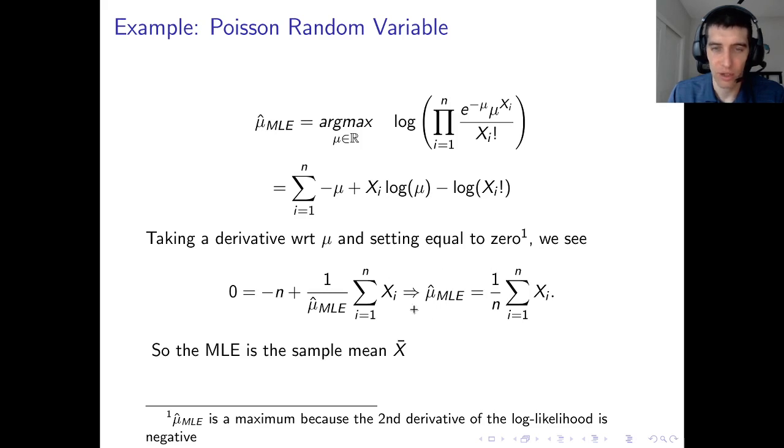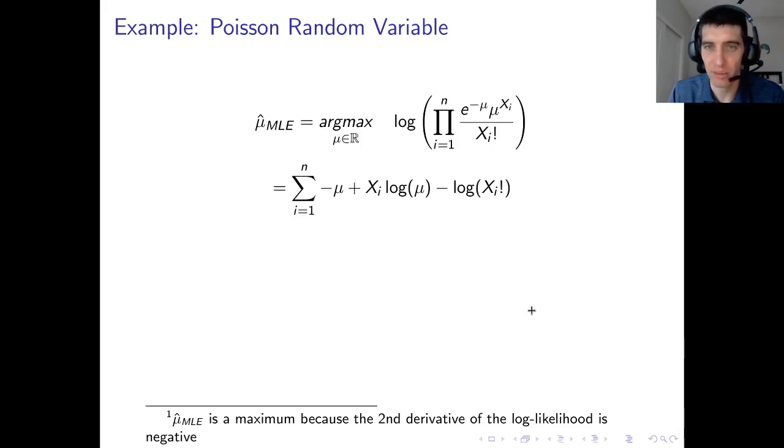And then I can solve and show that my maximum likelihood estimator for the mean of an IID Poisson sample is actually the sample mean. So what we've just shown is that the maximum likelihood estimator of this Poisson sample is its sample mean.